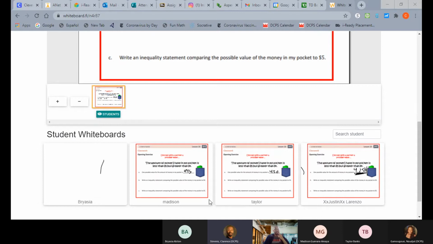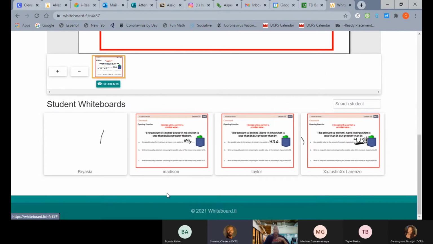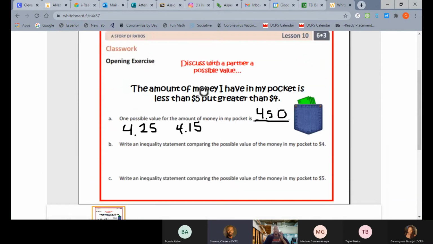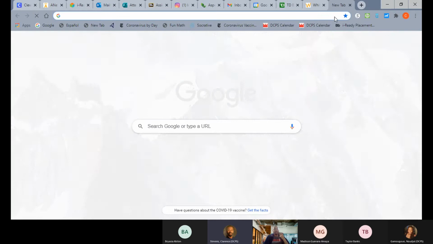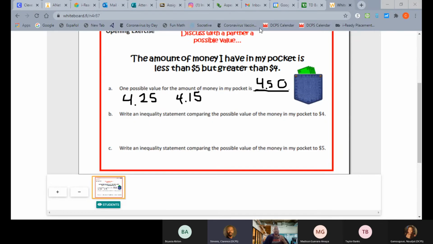It said my session expired. Okay, that's fine. Go ahead and reopen the link. But what's a value that's less than 5 but greater than 4? Or just look at the screen right here. We have 450, we have 425, we have 415. Give me another one.